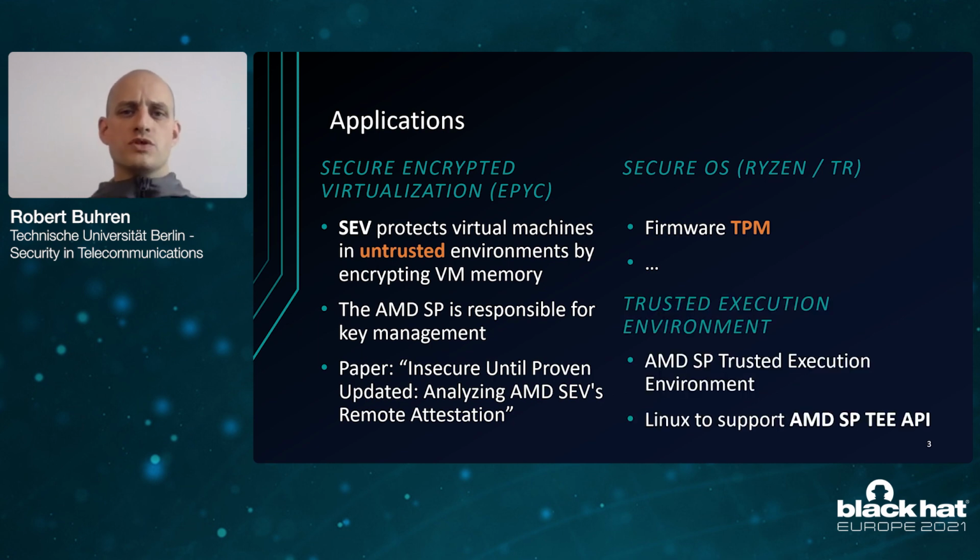And the secure processor also allows for using it as a trusted execution environment. AMD published patches to the Linux kernel that indicate that in future versions, it might be possible to deploy user-controlled trusted applications to that secure processor. Although I'm not too sure to what extent the currently available firmware already supports this.